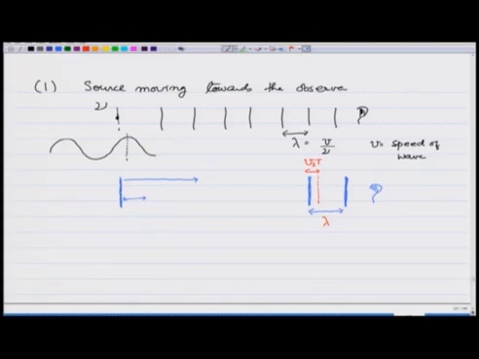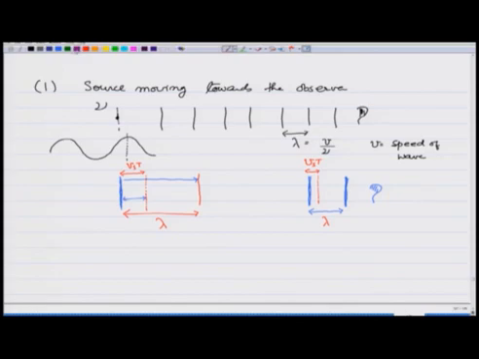Okay. If I make it on the left hand side, so this maximum traveled a distance lambda, and by the time the next maximum was emitted, the source has moved by a distance of v source times t, because it emitted that after time t.